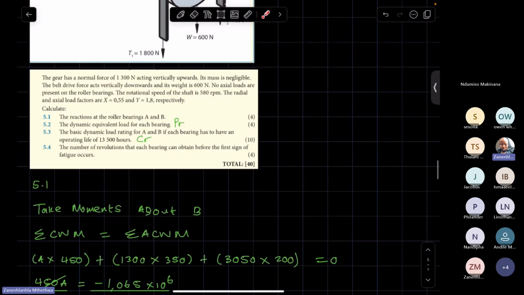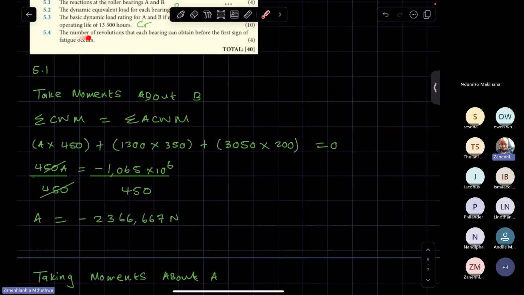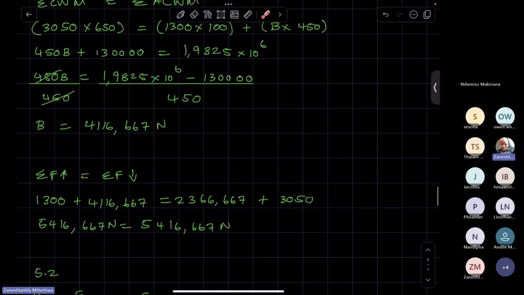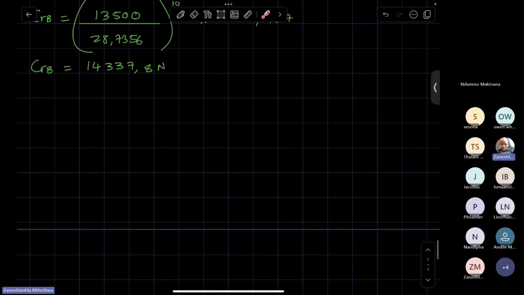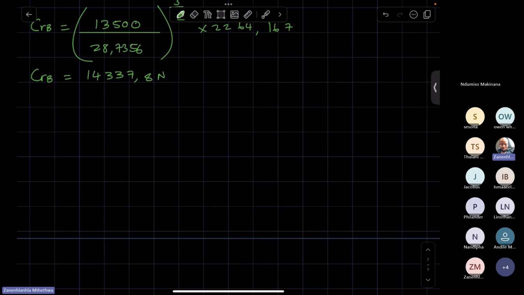Oh, last question. So last question is, calculate the number of revolutions that each bearing can obtain before the first sign of fatigue occurs. So this is number of revolutions. So the lifespan of a bearing in number of revolutions is L10. So they want us to calculate L10, which is equal to CR.